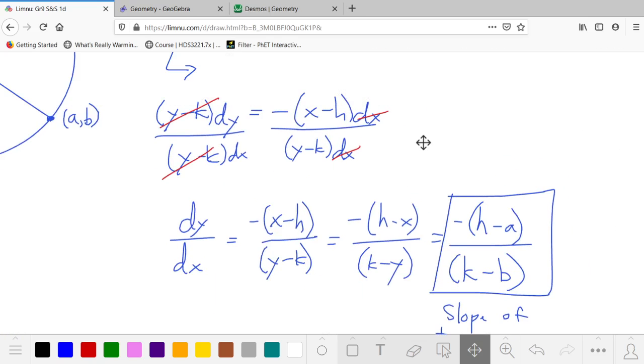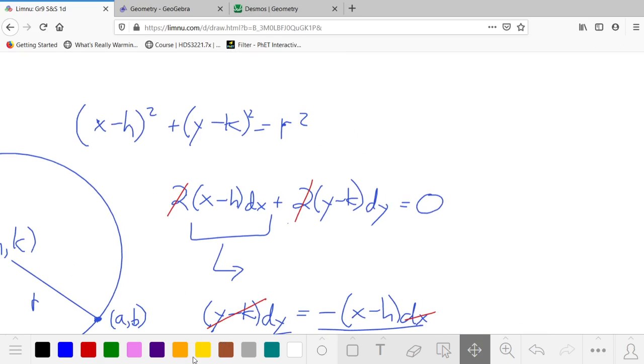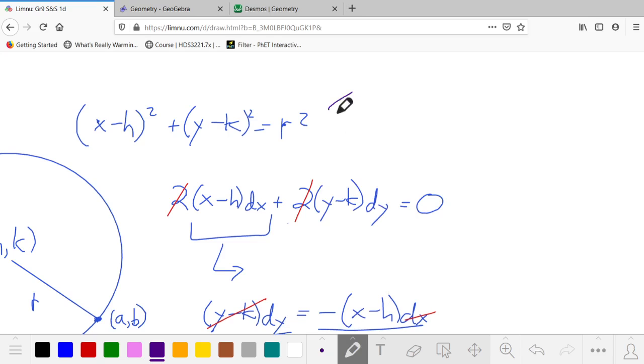The key points here, the only pieces that we don't have in place, are how to turn this equation for a circle that we have here into the slope of that circle, which we have down there.